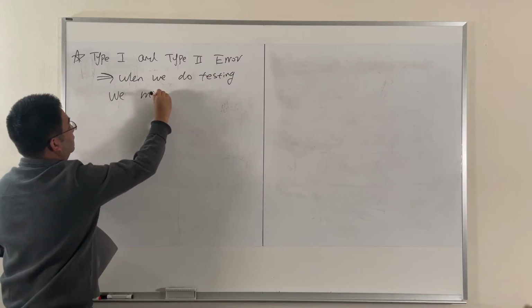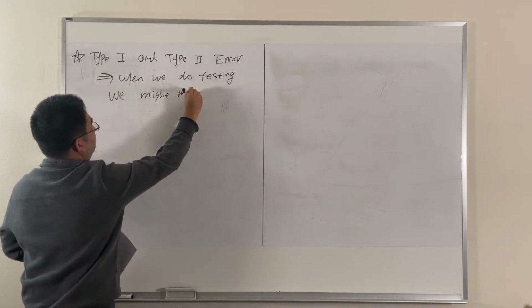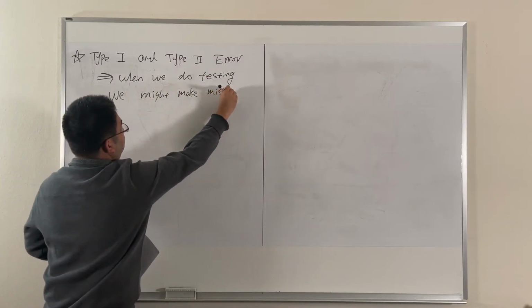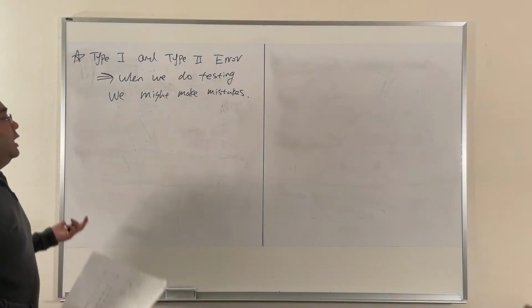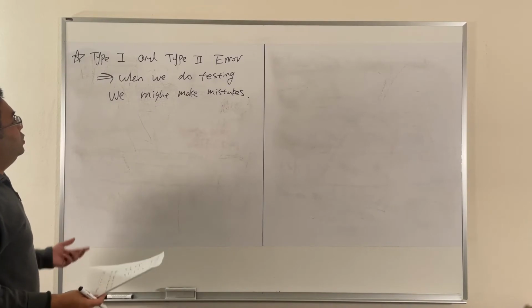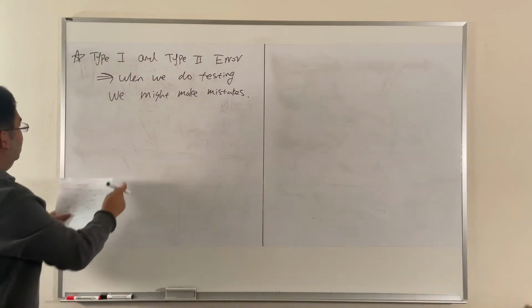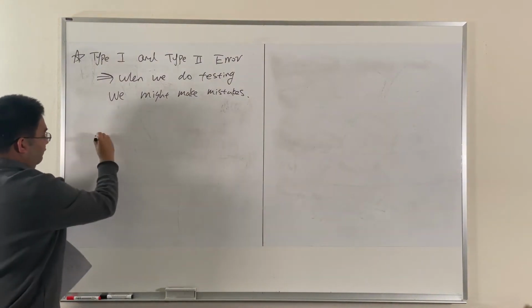And there are two types of mistakes, type 1 and type 2. To demonstrate that, let me give you this box visualization.